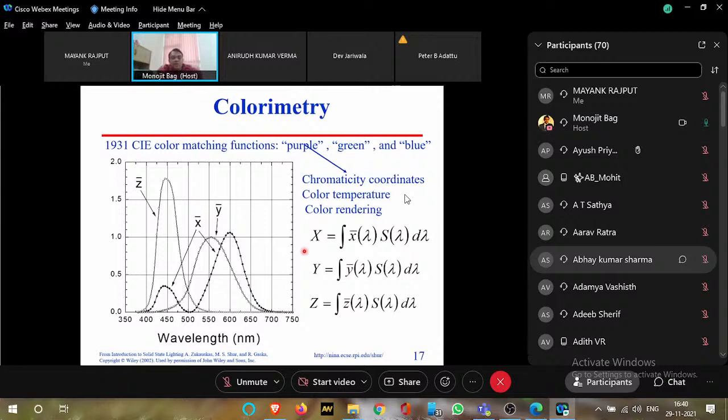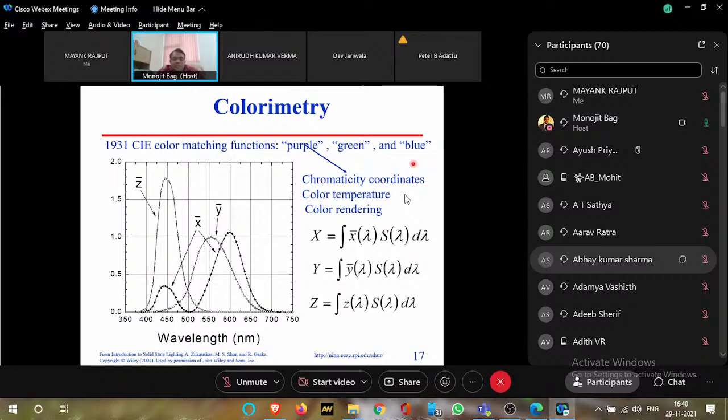And if these parameters are slightly different, ultimately the sum of x plus y plus z has to be 1. So if one of them is high, the other two are not, it will definitely have a different color, and that is what we'll be talking about, the color coordinate or chromaticity.